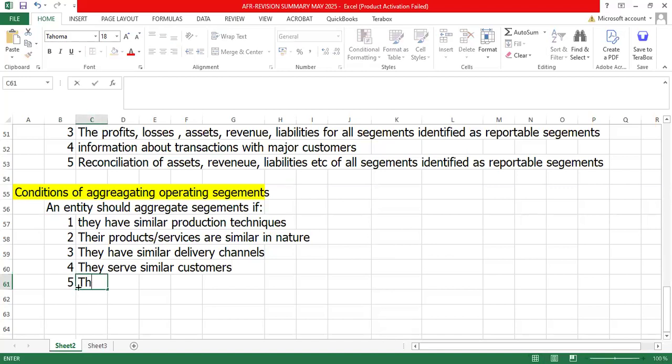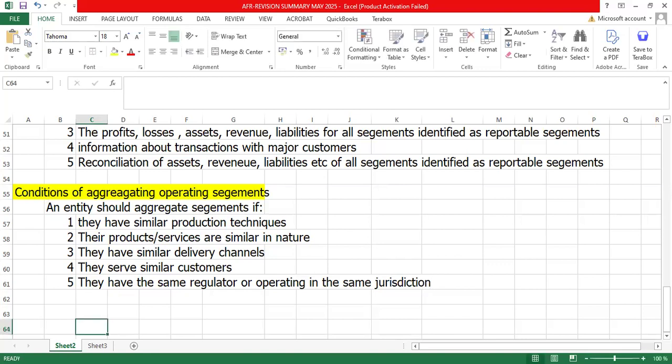Then okay, they have... So if they ask you conditions, please, you can put that.